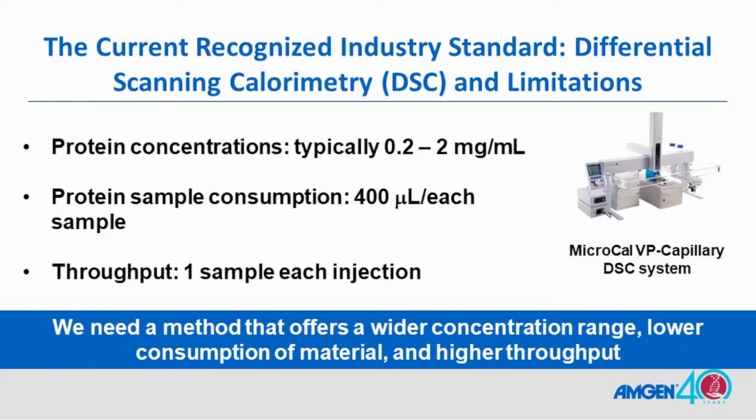The protein sample consumption is 400 microliters each sample. The throughput is 1 sample per injection. So we hope we can have a method that offers a wider concentration range, lower consumption of material, and a higher throughput.